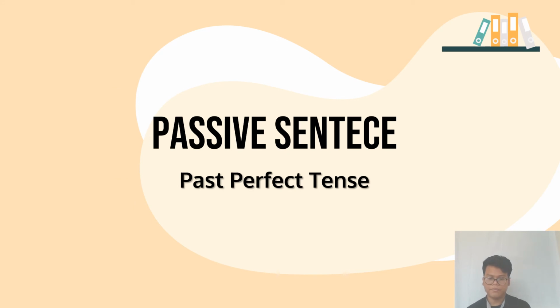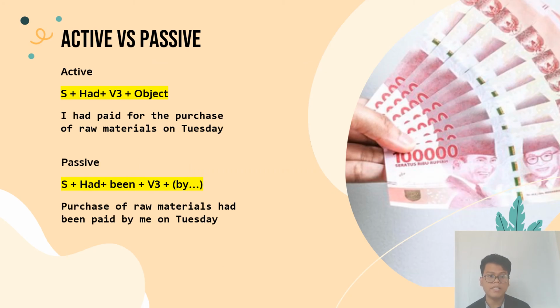Now, the last: let's discuss passive voice for past perfect tense. If earlier in the present perfect tense we use has or have, now for past perfect we use only one, had. Not has or have. Also remember we have to use been, after had. I had paid for the purchase of raw material on Tuesday.